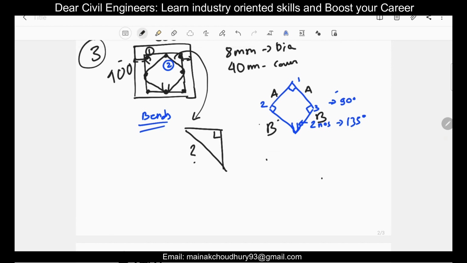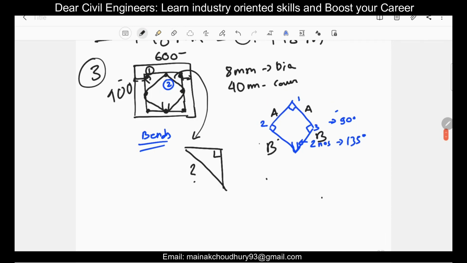So this particular length will remain the same, that is your 520 by 2, that is your 260. And this particular will be 400 minus 80, that is 320. 320 by 2, that is 160. So this will be 160.